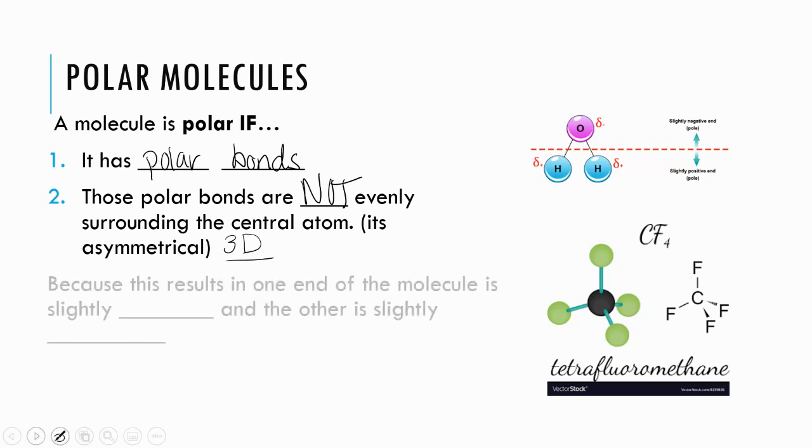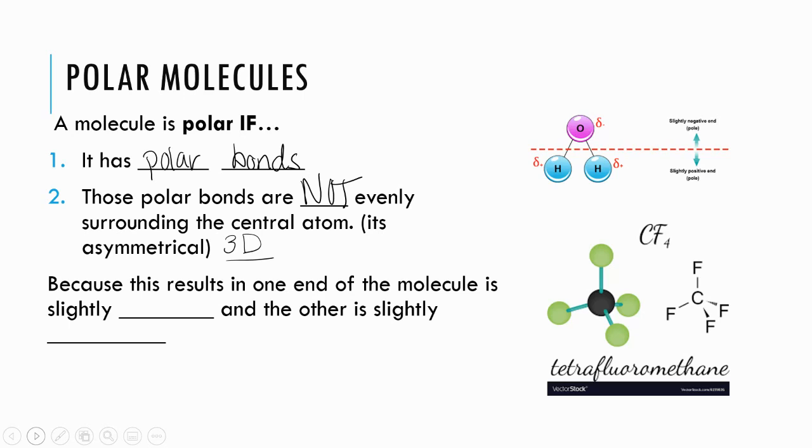When we have those two things together, so polar bonds not evenly spread around a central atom in a molecule, that results in one end of the molecule being slightly positive and one end of the molecule being slightly negative. We can say that's also known as having those poles. We talked about north and south poles in the last video. We have a positive pole and a negative pole of our molecule.